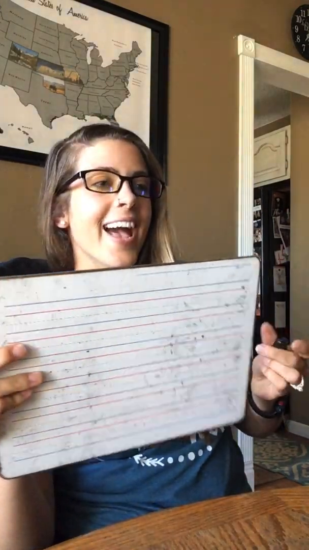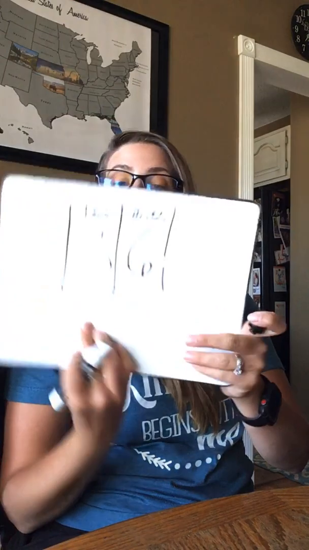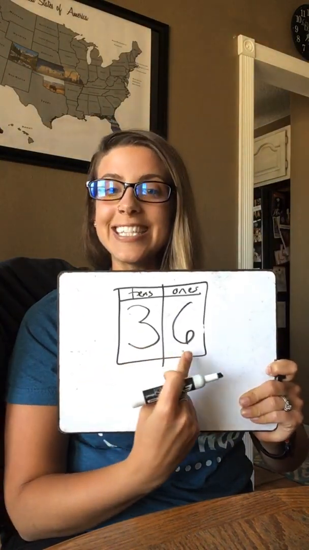All right, let's do another one. Listen carefully. I might mix it up on you. What's my number? I have a 6 in the ones place and a 3 in the tens place. I'm going to show in 3, 2, 1. 36.